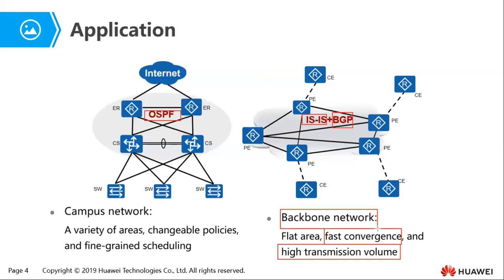I'm going to explain how that works in a little while. It also enables faster neighbor relationship establishment compared to OSPF, and it enables large capacity route transmission compared to OSPF. Therefore, it can support scalability.